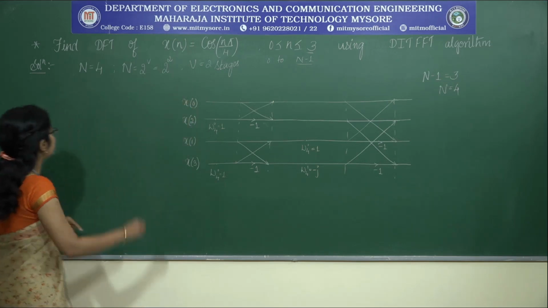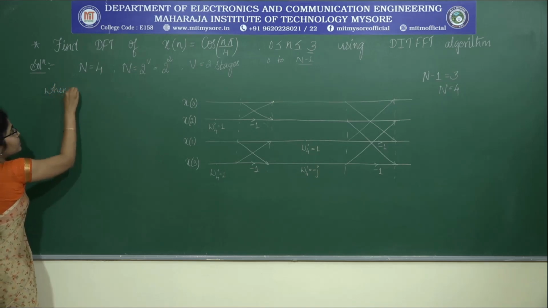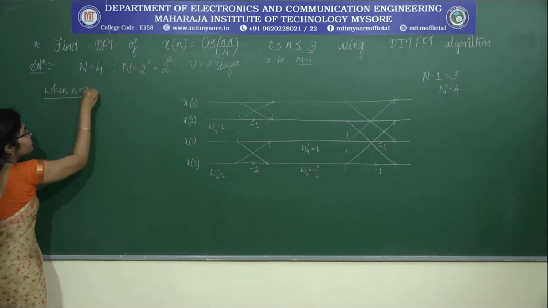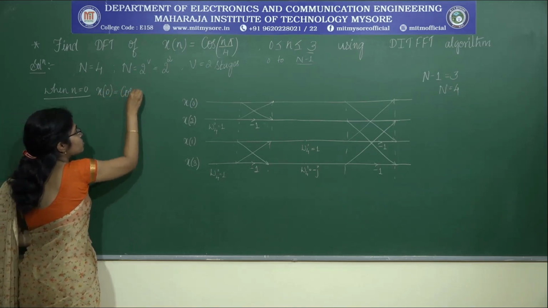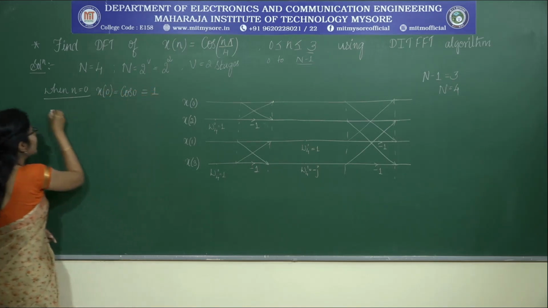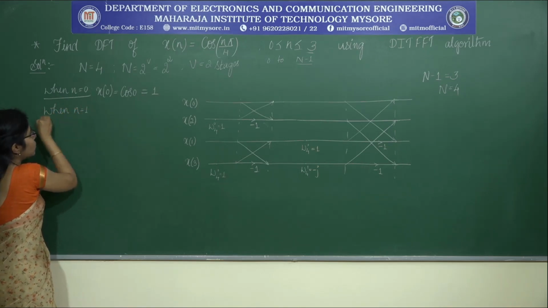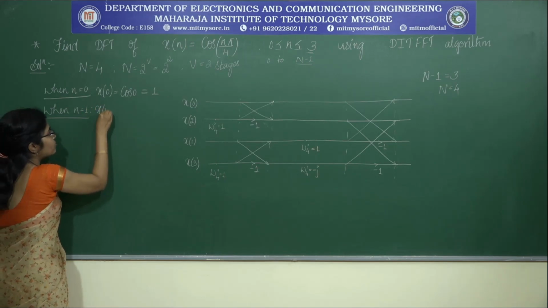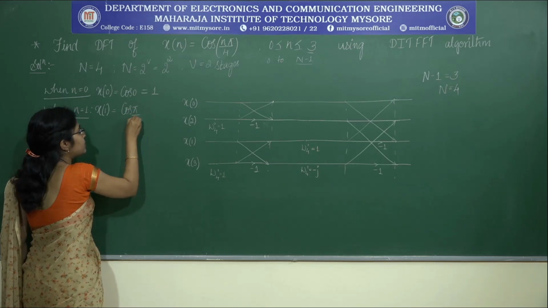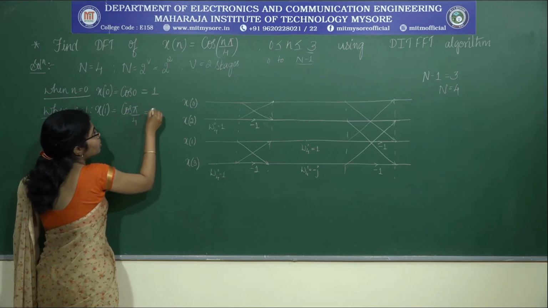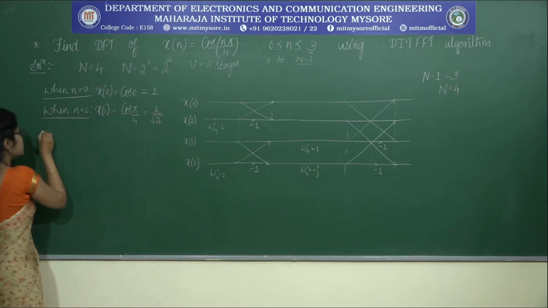In order to find the sequence, let us start substituting the values for n. When n is equal to 0, x of 0 is equal to cos 0. So, cos 0 is nothing but equal to 1. Similarly, when n is equal to 1, x of 1 is equal to cos pi by 4. We know cos pi by 4 is equal to 1 by root 2.